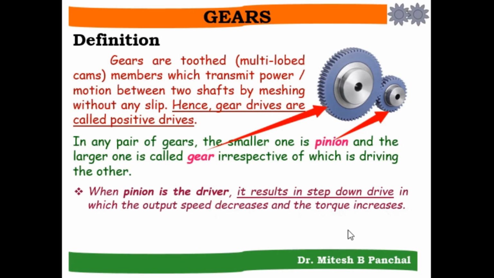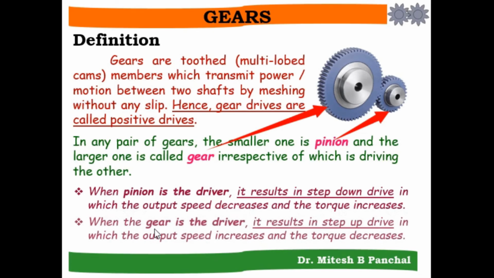And when the gear is the driver, meaning this bigger wheel is connected to the prime mover, it results in a step-up drive, in which the output speed increases and the torque decreases. I think this is clear. Right? Okay.